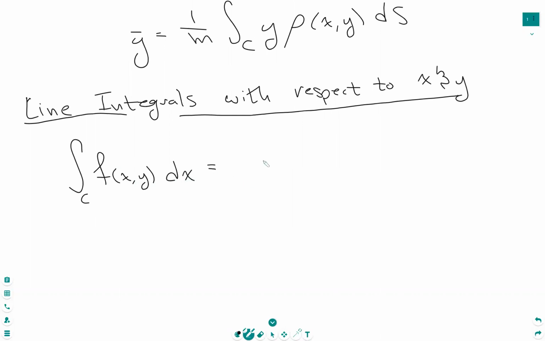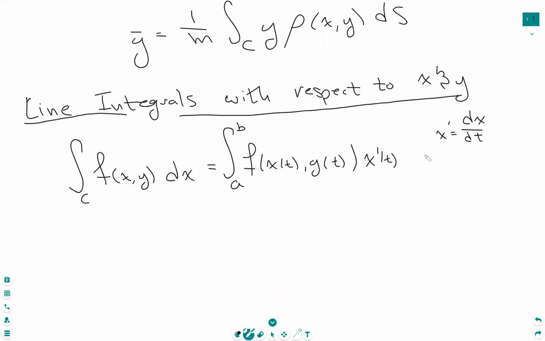Well, we can still do a parameterization. It'll go from a to b of f of x of t, y of t. And then recall here on the side that I can write x prime as dx dt. So that allows me to find out what this dx is. This is just an x prime of t dt.